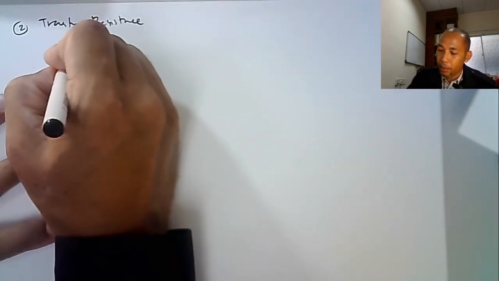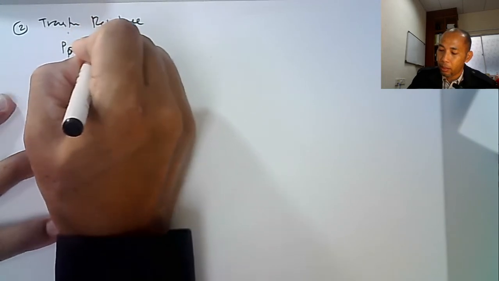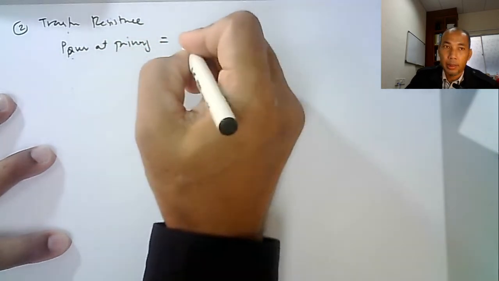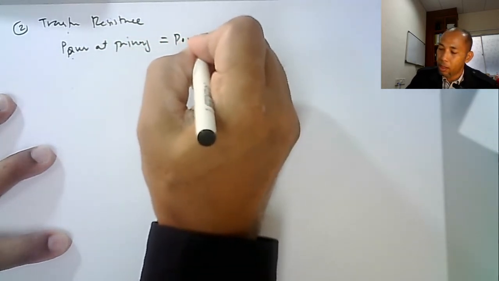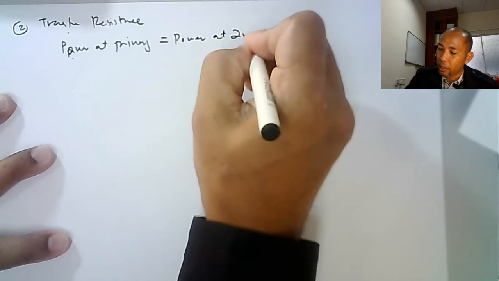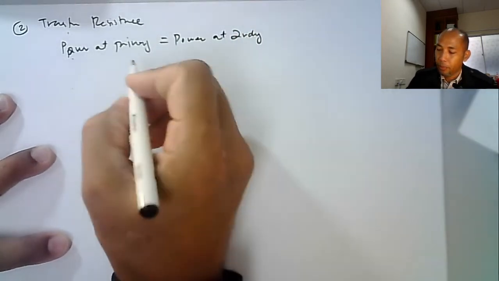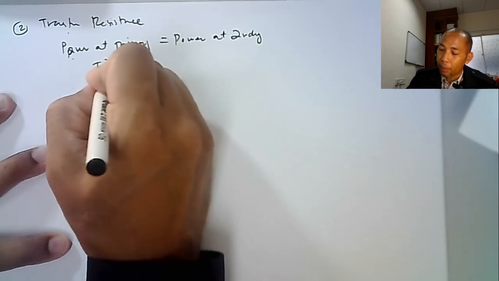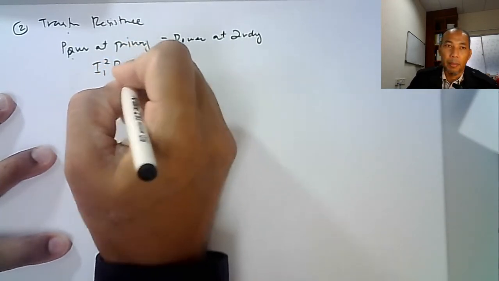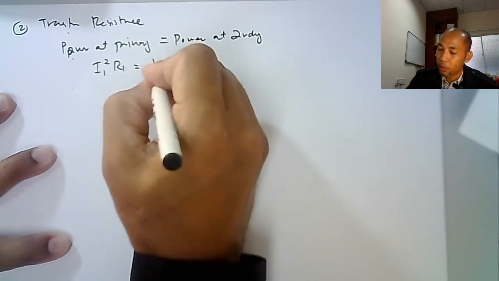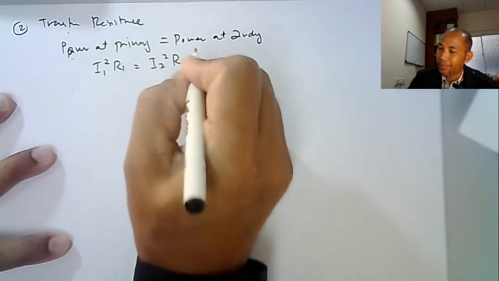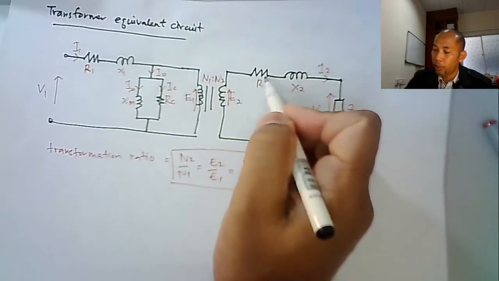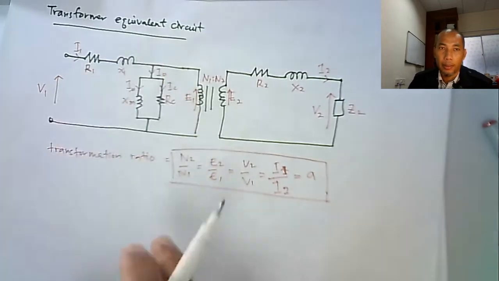Power at the primary, I1 square R1, equals I2 square R2, the power at the secondary.